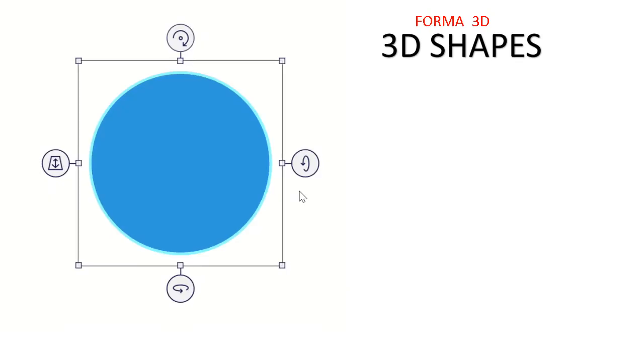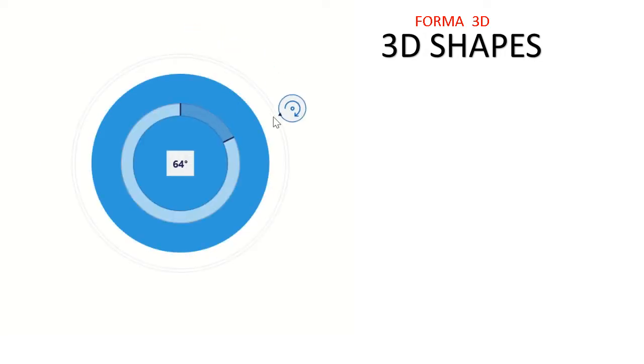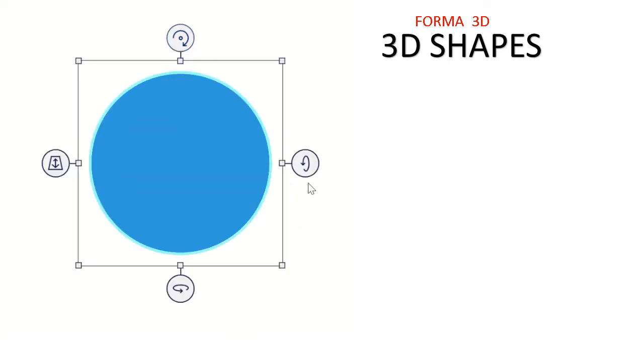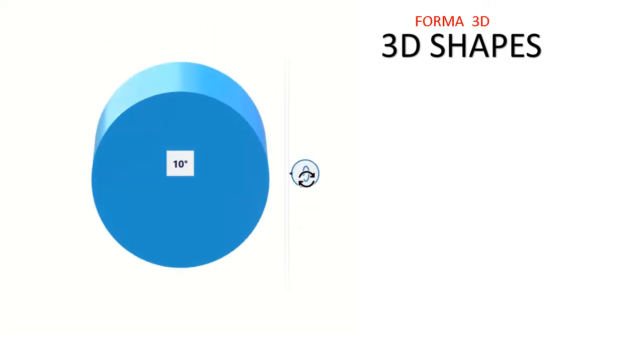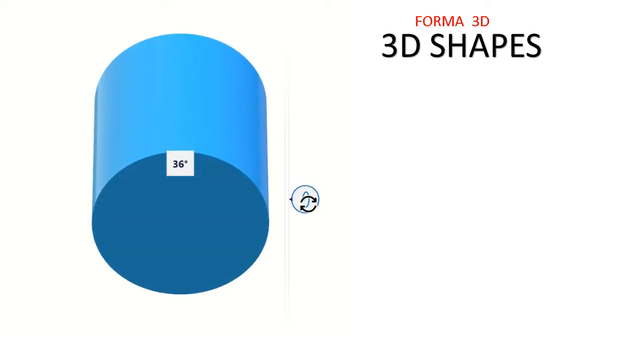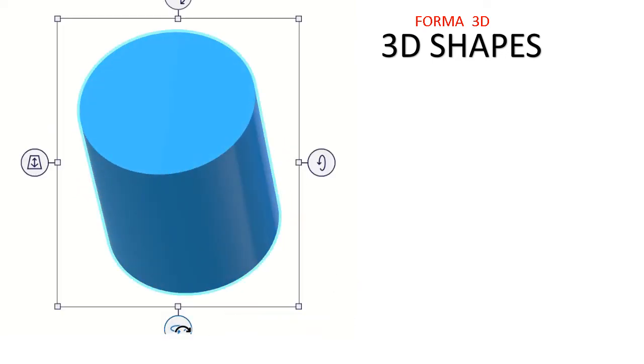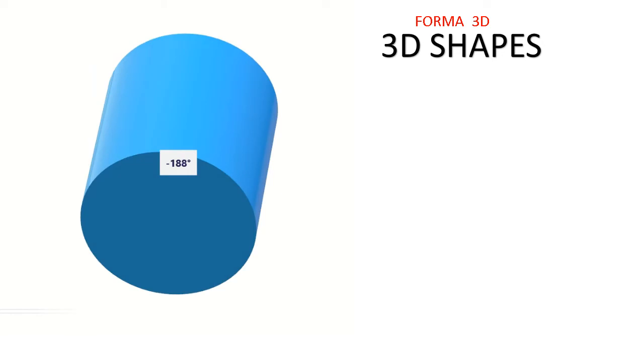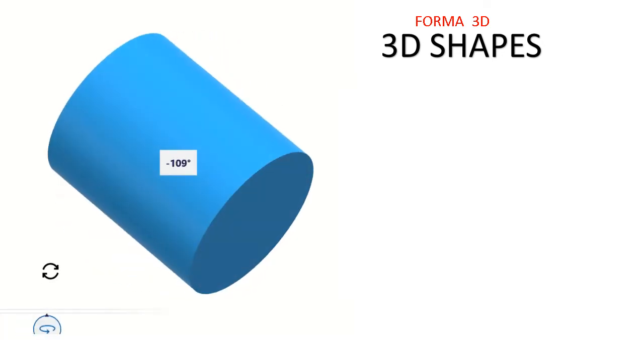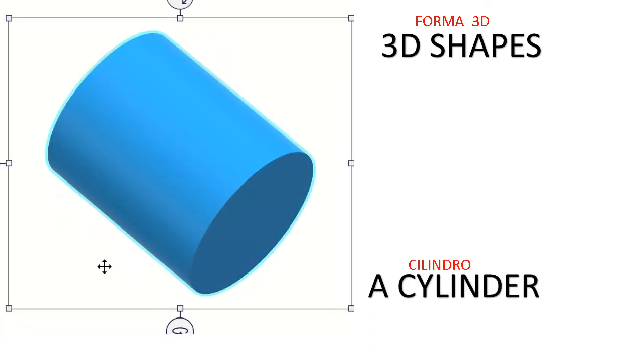This is another 3D shape. It looks like a circle, and if I turn it this way, it could seem like a sphere. But if I turn it this way, you can see that it is not a sphere. Do you remember the name of this shape? This is a cylinder.